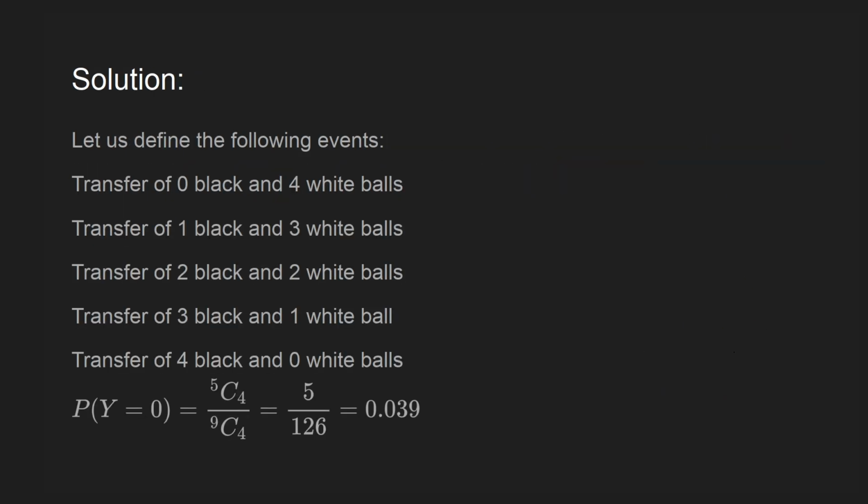Maybe we are transferring 0 black balls and 4 white balls, or 1 black ball and 3 white balls, or 2 black balls and 2 white balls, or 3 black balls and 1 white ball, or 4 black balls and 0 white balls out of the total 4 balls that are transferred.